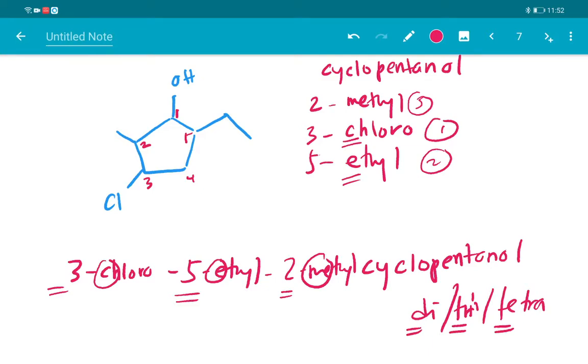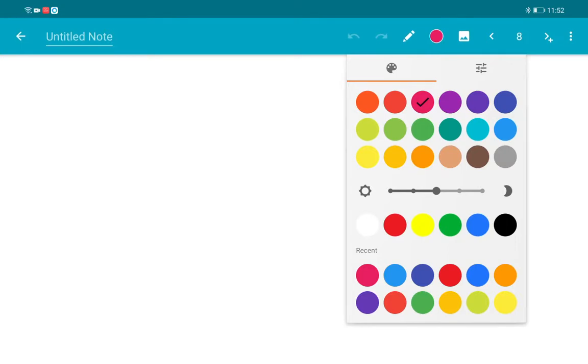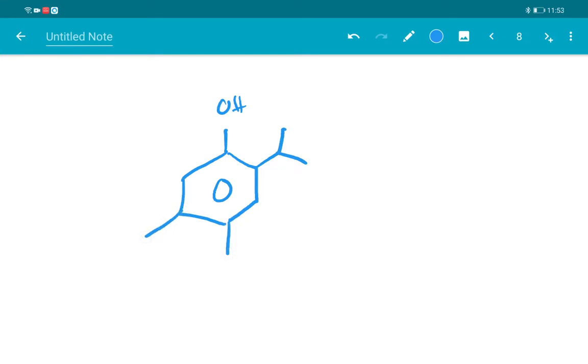Okay, perkara yang sama juga boleh dibuat untuk aromatic. For aromatic compound, okay, we have a phenol. Okay, we can add any kind of substituent. Alright, I would like to put bromine here.